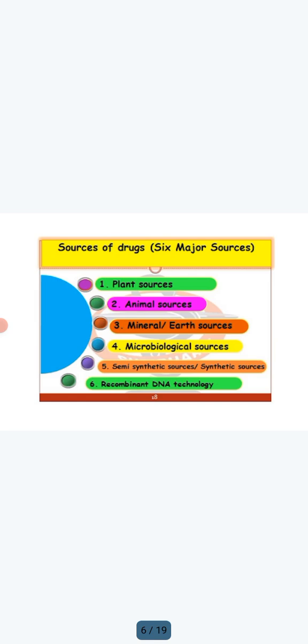These are the six major sources in pharmacology. Now we are going to discuss them one by one.